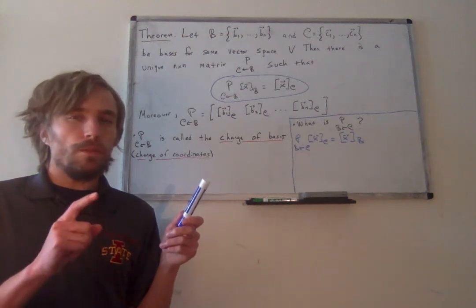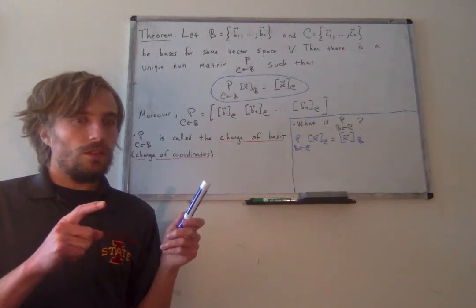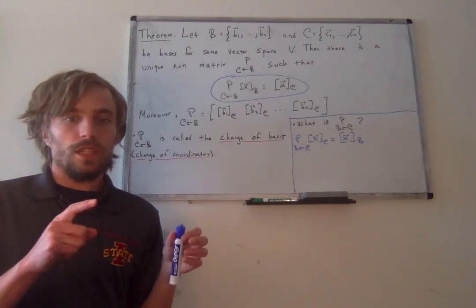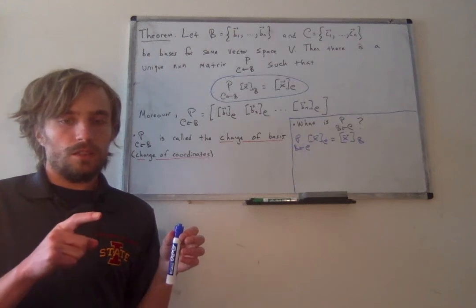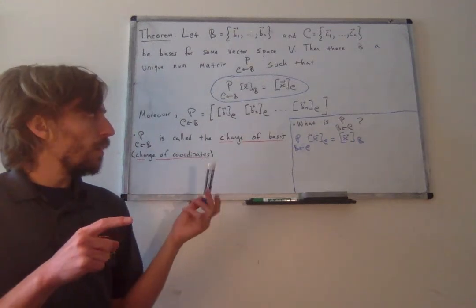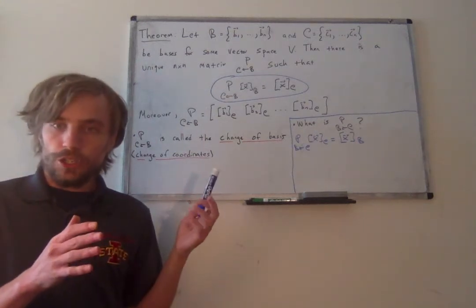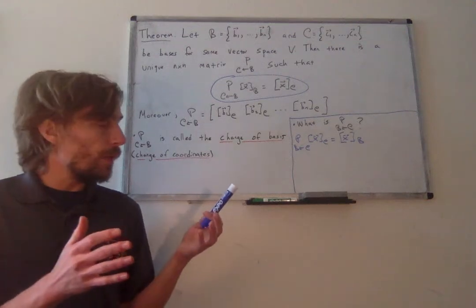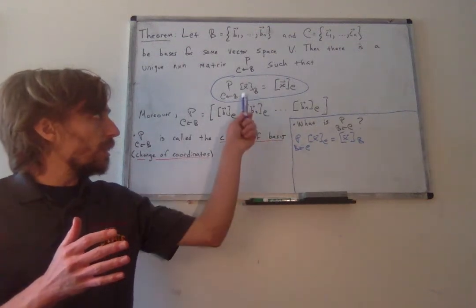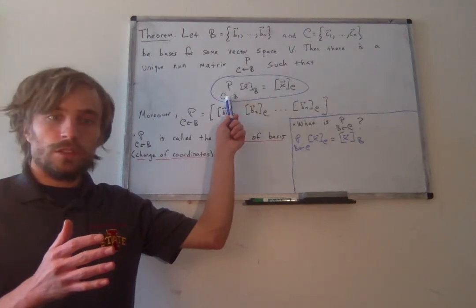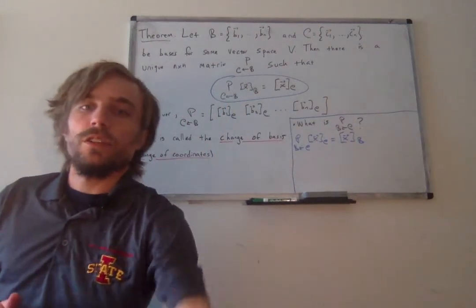But what do we know about basis vectors? Well, we know that basis vectors are linearly independent, right? And it turns out that the C representations of those vectors are still linearly independent. So that means the columns of this matrix are linearly independent.